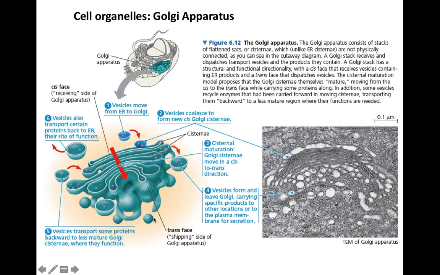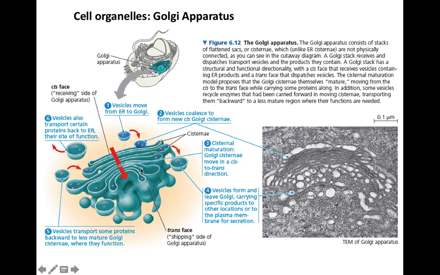The main function of the Golgi apparatus is to receive products from the ER, sort them, tag them, and then dispatch them. So these are four basic functions of the Golgi apparatus. It receives products from the ER. It will sort them into different groups. It will tag them for transportation to the destination.